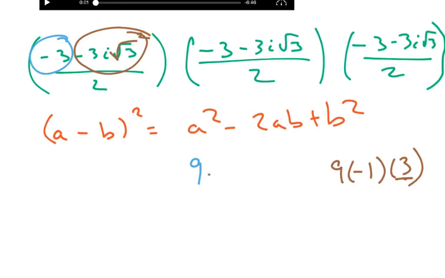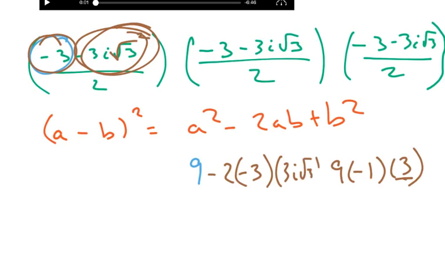Then we're going to do the middle, which is going to be negative 2 times a, which is negative 3, and b is going to be 3i√3. Be careful here. It's an easy mistake to make. Remember, the way I wrote this, I wrote a minus b. So a is negative 3, but b is 3i√3.